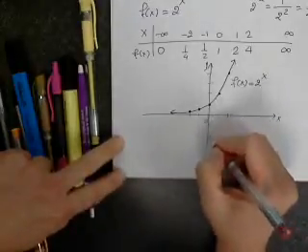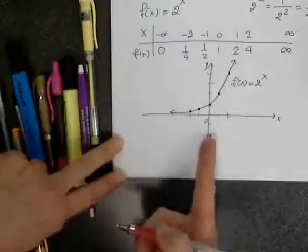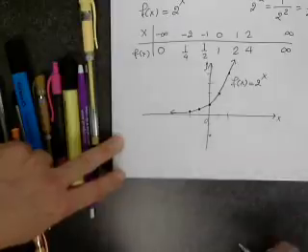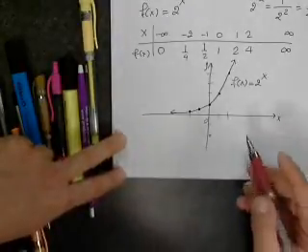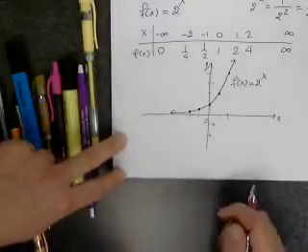1/4, -2. This point gets transferred here. Excellent. Next point that I should plot to graph the inverse function. Next point.